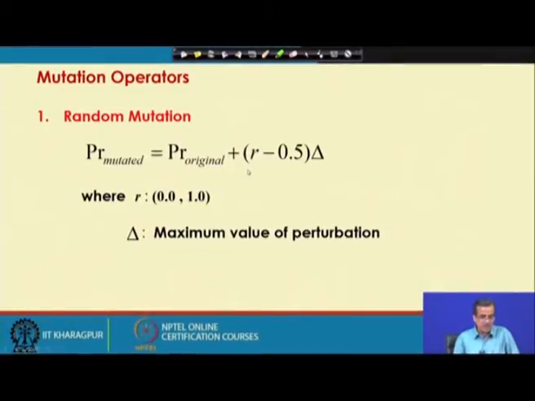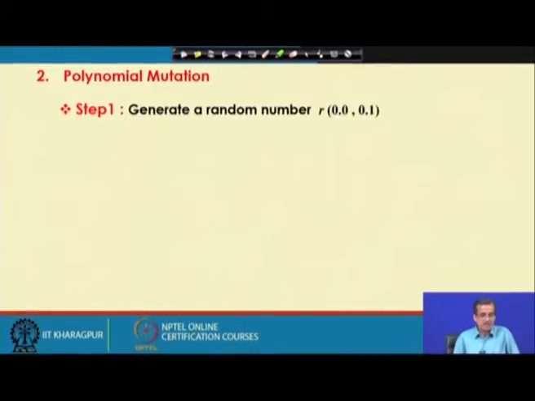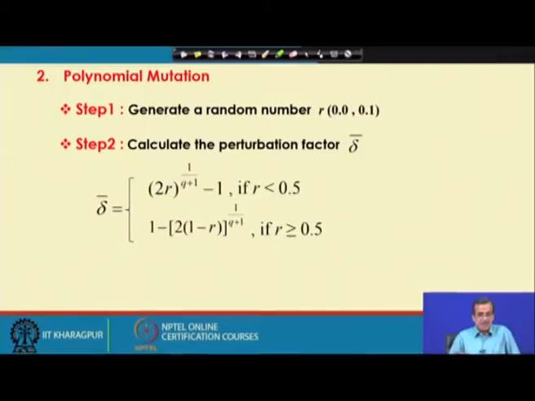Then comes the concept of polynomial mutation. Here in polynomial mutation, what we do is generate a random number r lying between 0 and 1. Step 2, we calculate the perturbation factor, that is the dissimilarity factor denoted by delta bar.